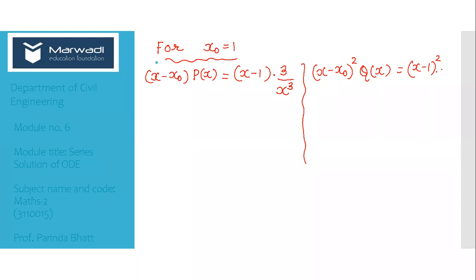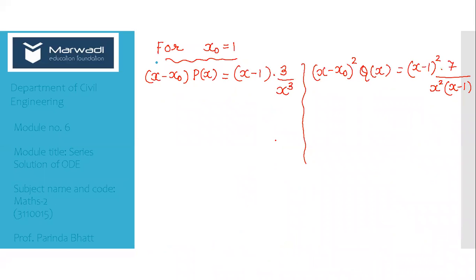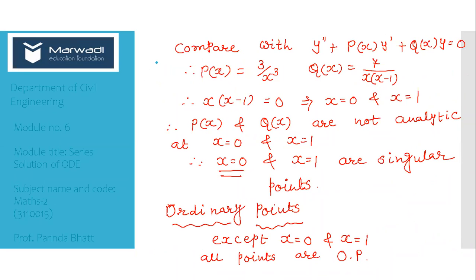What is the value of Q of x? 7 by x minus 1. Okay, 7 by x only. 7 by x, x minus 1. I check that the value of Q of x again is 7 by x.